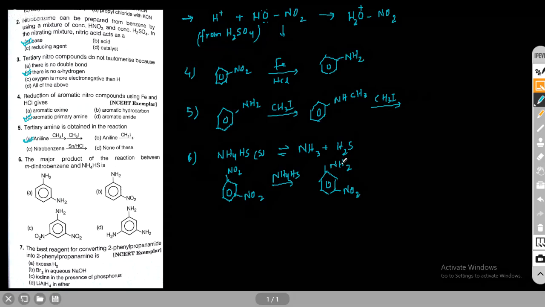Best reagent for converting 2-phenyl propanamide into 2-phenyl propanamine.